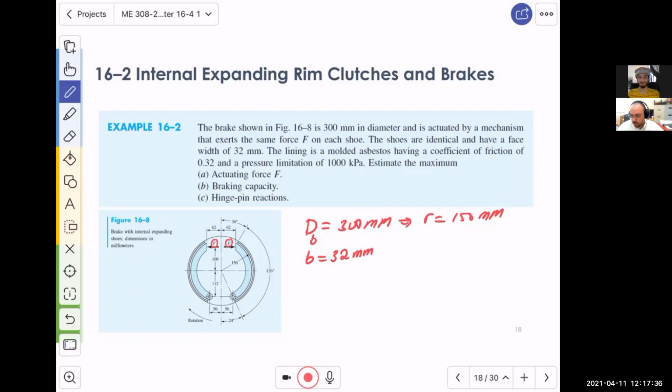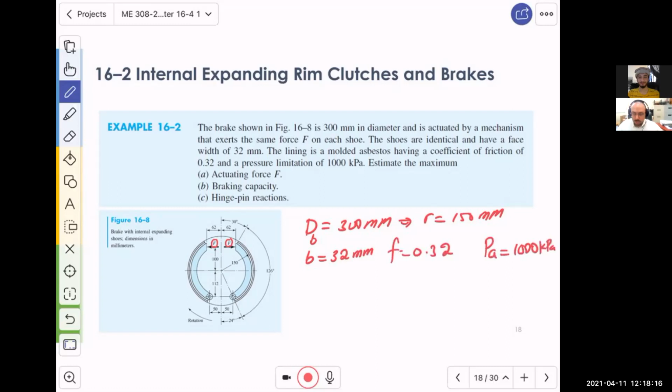And what's next is that the lining, which is like a frictional material, is molded asbestos, a material used for the shoe, having a coefficient of friction of 0.32 and a pressure limit of 1000 kilopascal.